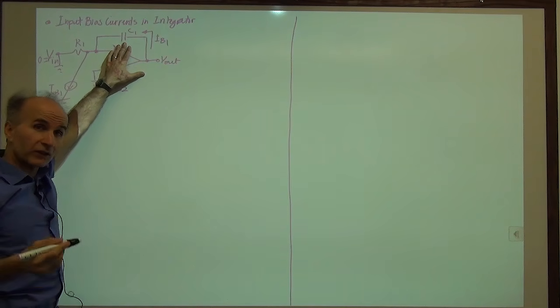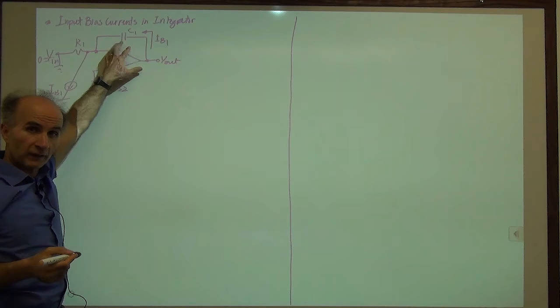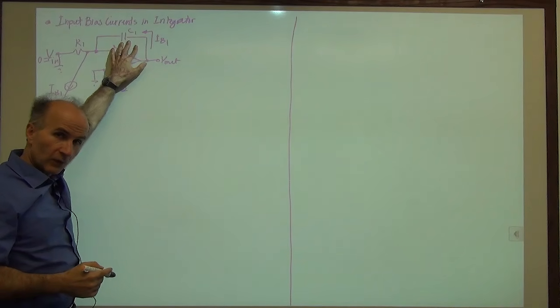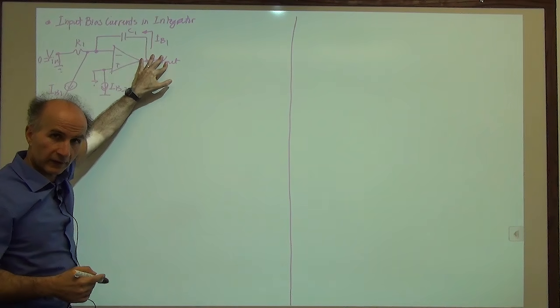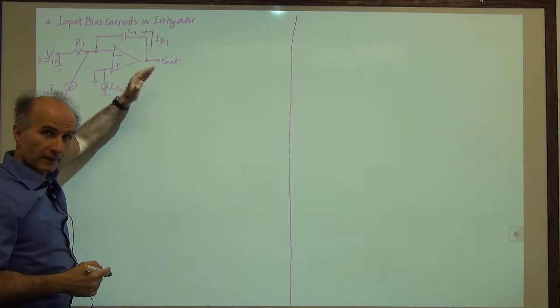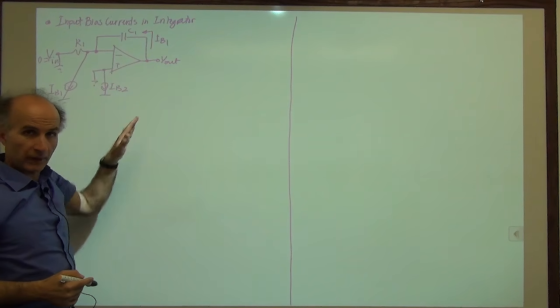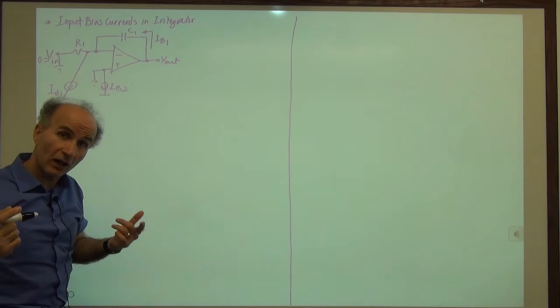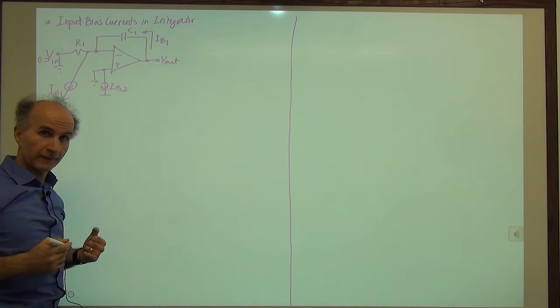C1 is integrating that current because we know that the voltage across the capacitor is the integral of the current through the capacitor. So C1 continues to integrate this current. This side is 0, and this side keeps going up, so the out keeps going up. Very similar to the effect of the DC offsets that we saw before.